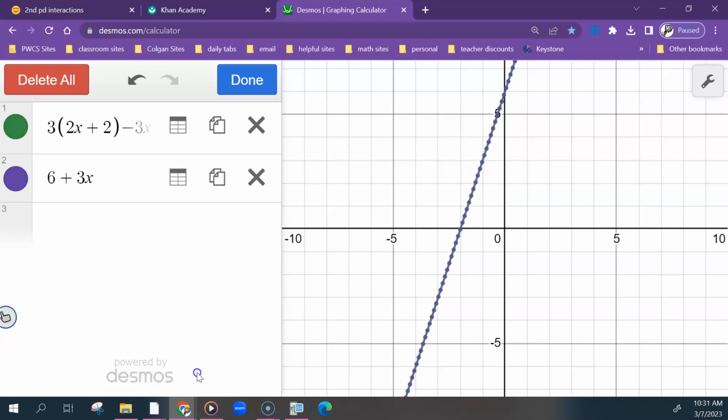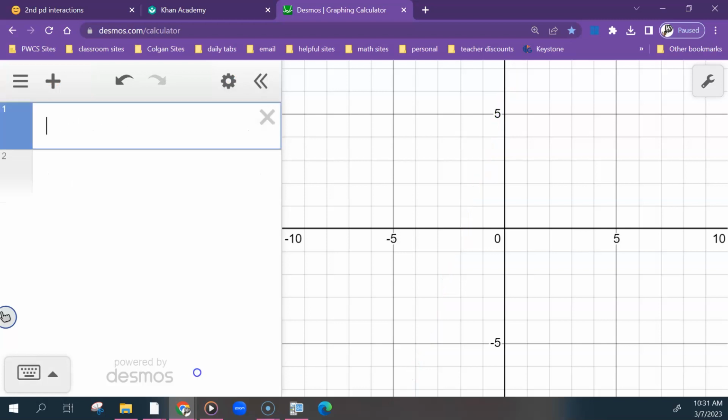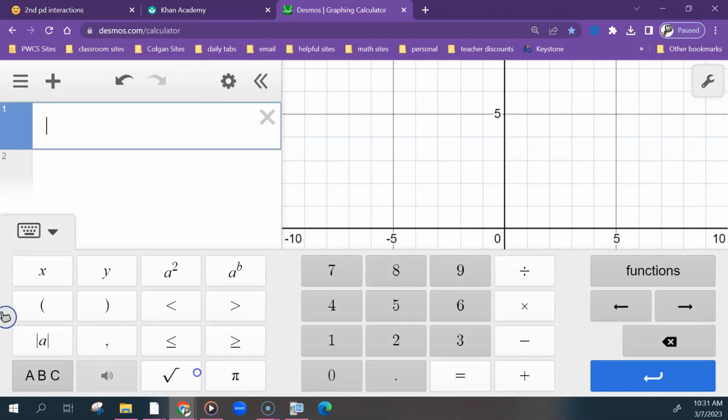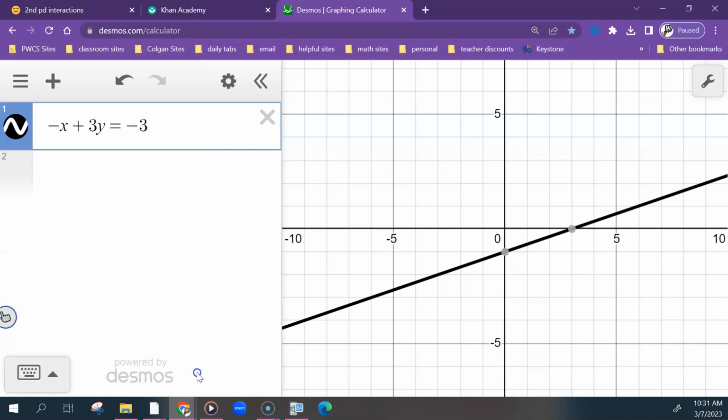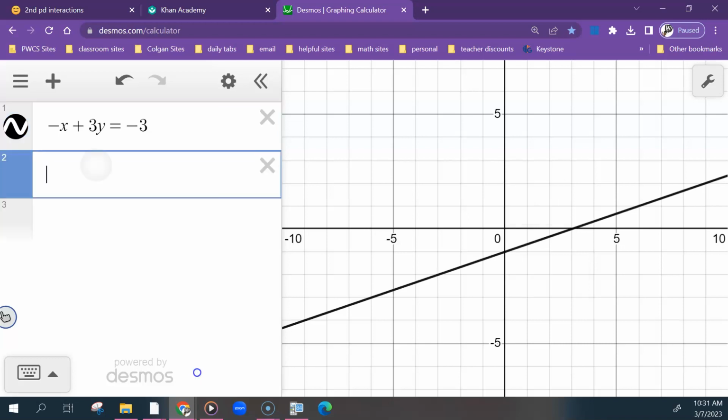Number 3, if you were to put that in as is, as long as you know what you're looking for, you could find the equation for this. You're given your y-intercept, you can count your slope to this point. Our slope would be up 1 to the right 3.